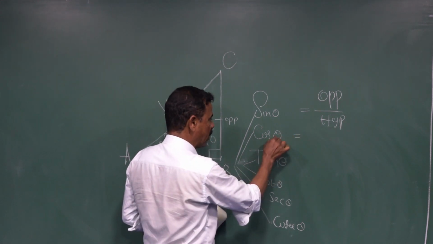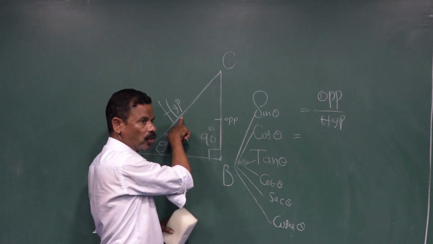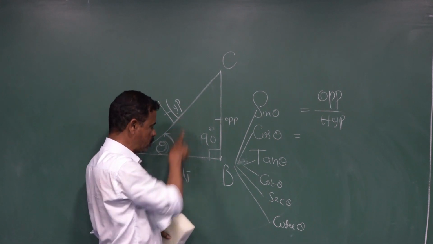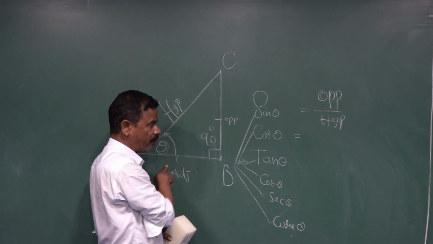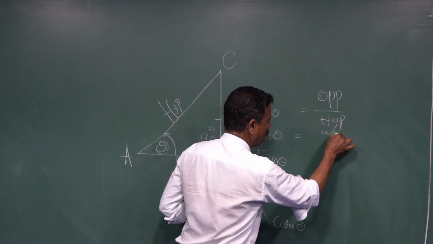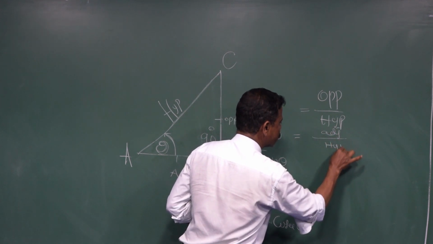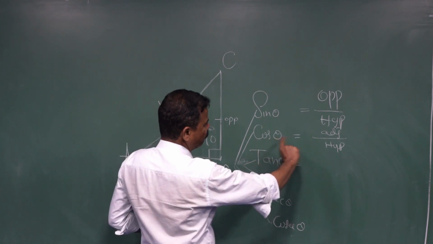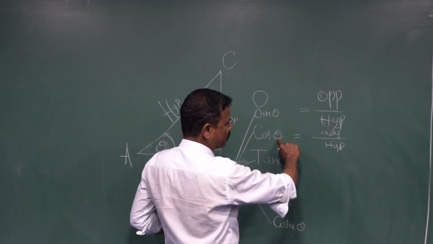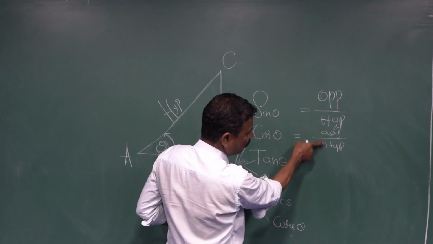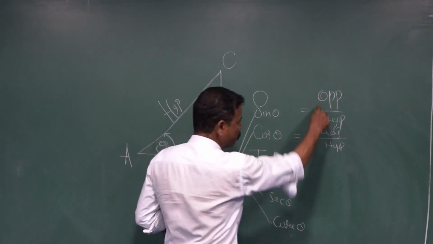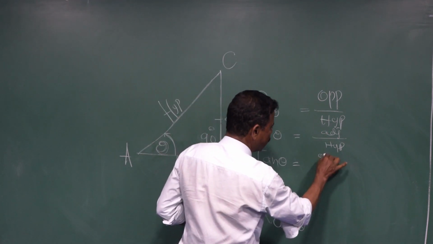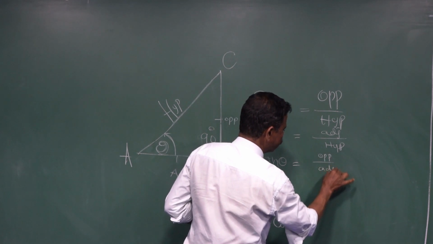That is the first ratio, sine. Next, cos is adjacent by hypotenuse. Tan theta is easily taken as sine by cos. So hypotenuse is cancelled, and opposite by adjacent comes.